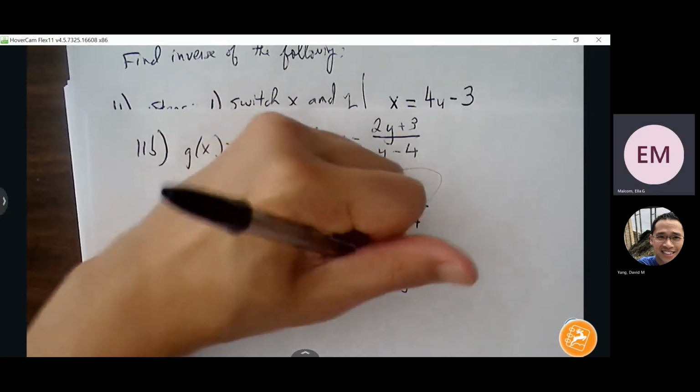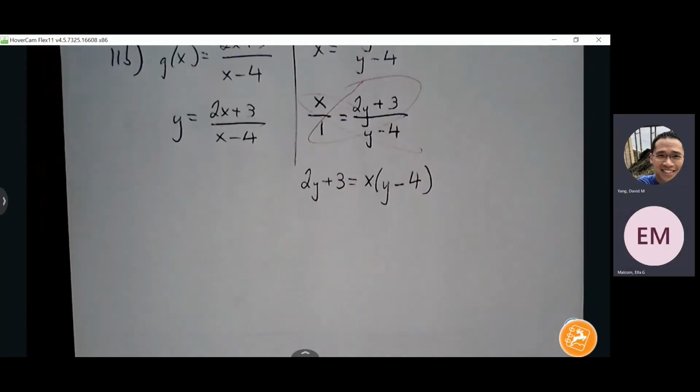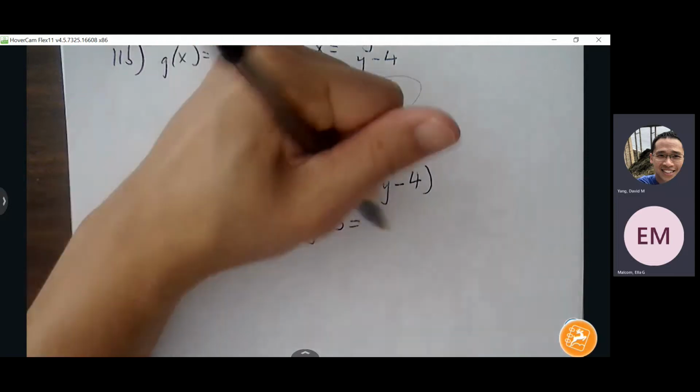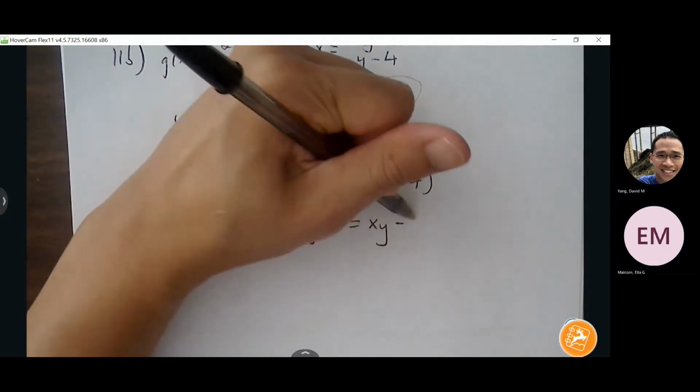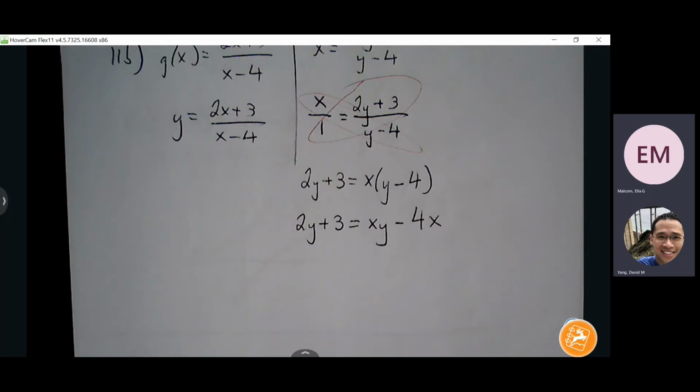Do we need to distribute the x with the y minus 4? Yeah, let's distribute all that, and then maybe we can group the y's together. A little bit more algebraic work here. It's going to be xy minus 4x equals 2y plus 3.